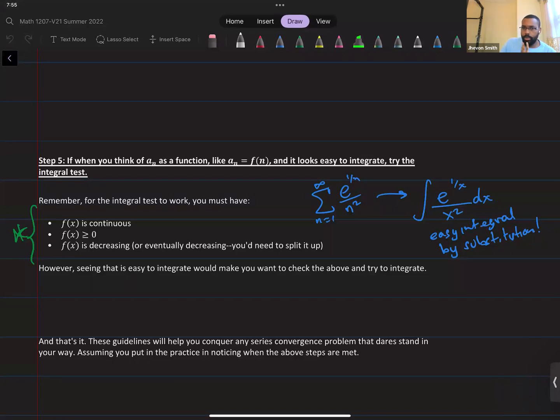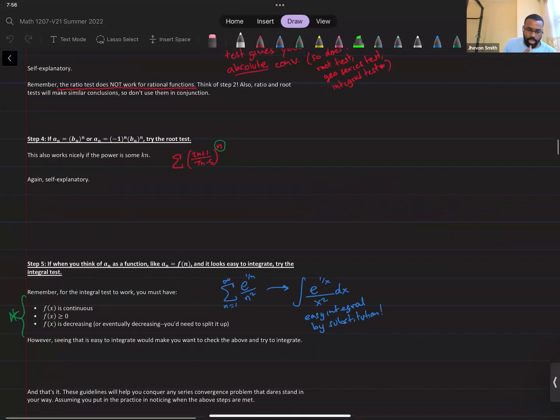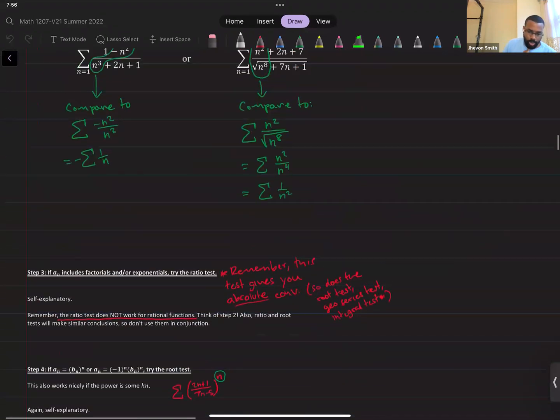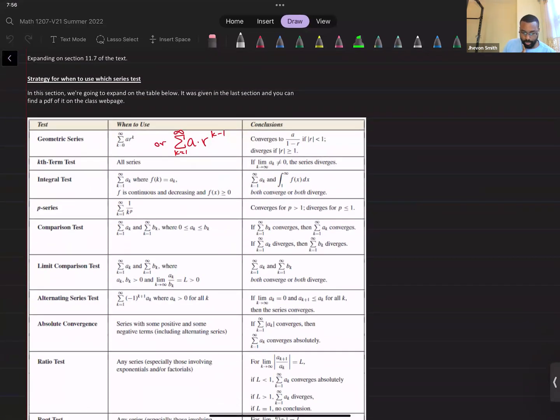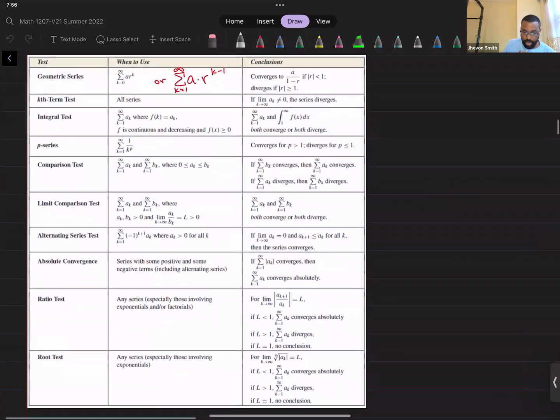I guess we can move on if there are no questions. This is just something to know that you should try in certain situations. So that's how you'd approach series convergence. And you should kind of just know this table, which will actually be useful once you do problems a few times.